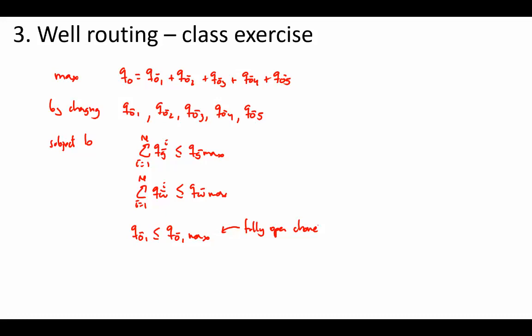I simply made a fully open choke test and then reported that value. Then Q oil 2 of well 2 is below the Q oil 2 max, either from the model or from a field test.